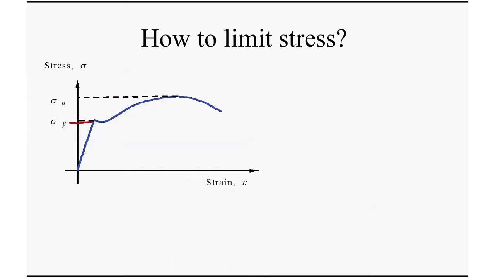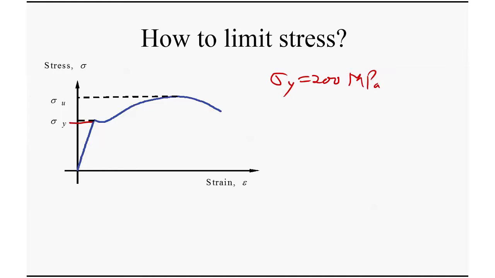But the question is, if I design a chair or a car or a bridge, and I use this limit, sigma yield, I want to make sure no piece of this bridge goes beyond this yield stress. Let's just give a random number. For many metals, it's like 200 megapascal. Let's say the yield stress is 200 megapascal.